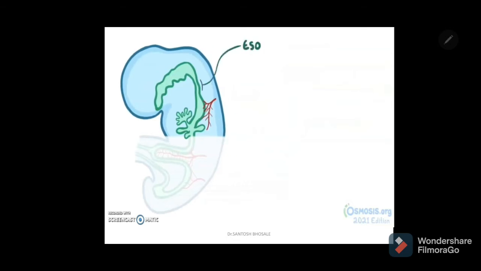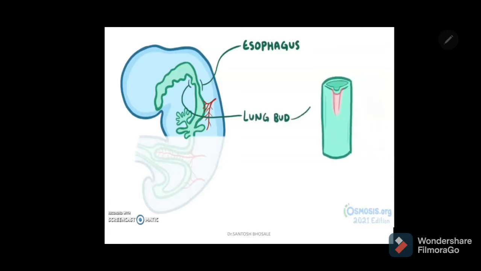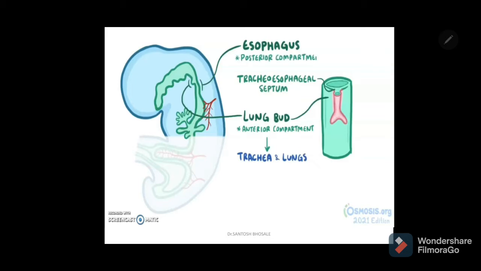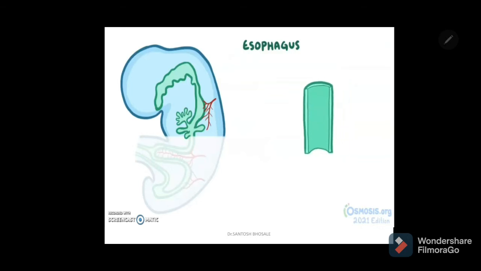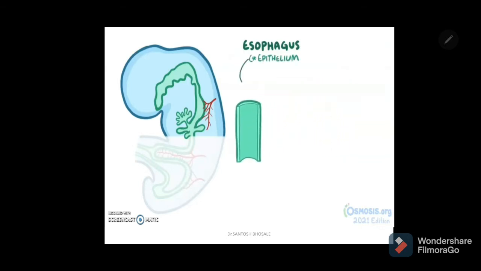So coming to the development of the esophagus, first it is separated from the trachea by the tracheoesophageal septum. You can notice there the ventral wall of the pharynx has a laryngotracheal diverticulum separated from the esophagus by the tracheoesophageal septum, and then it is divided into an anterior laryngotracheal diverticulum and a posterior esophagus proper that we have discussed.